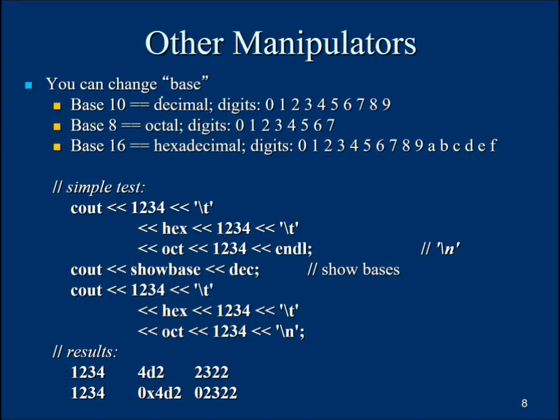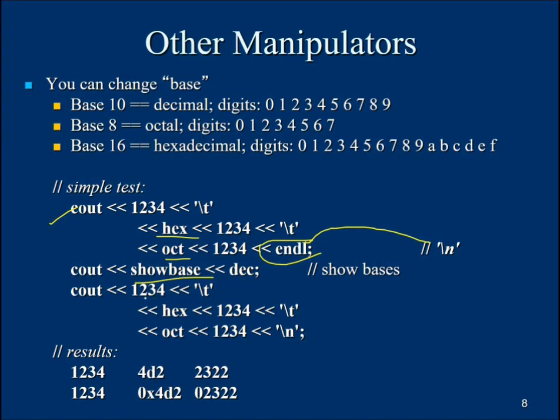One more thing, the same example we will take with 1 2 3 4. I'm trying to print hex and octal, and also endl. endl is exactly the same as slash n, they are synonymous. They both do the same work. Now we can have something printed called showbase, dec. This is showbase.